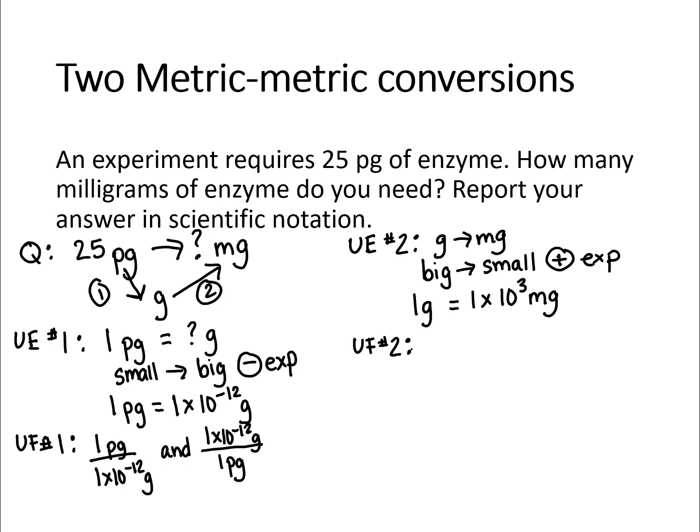So you always have to do that choice of which unit needs to be in the top and which one needs to be in the bottom. You're welcome. So those are our unit factors for the second part.